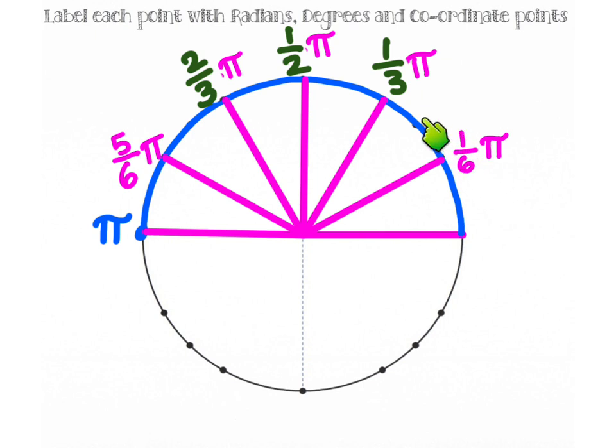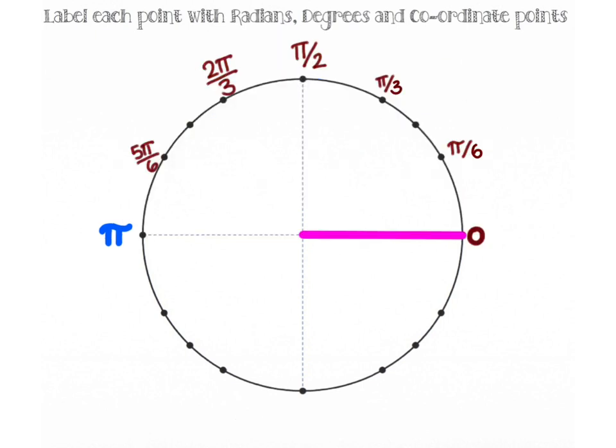I'm showing you where those numbers come from that we get in the unit circle, because we're looking at even distributions, even slices of this circle. So usually you see them written like this: pi over 6, pi over 3, pi over 2, 2 pi over 3, 5 pi over 6, and then pi. And again, you're going to finish the rest of it. You're going to figure out what the other ones are down here. Now, I've left these ones out because they were not part of those 6 slices.